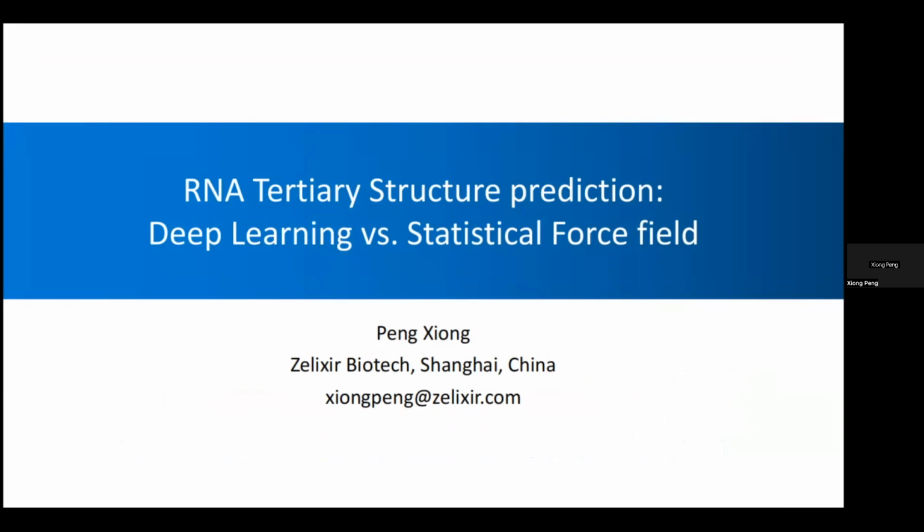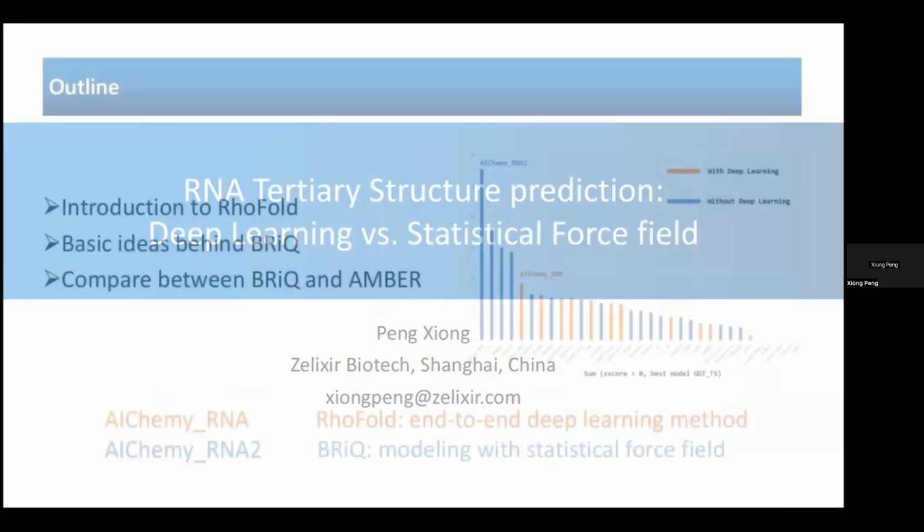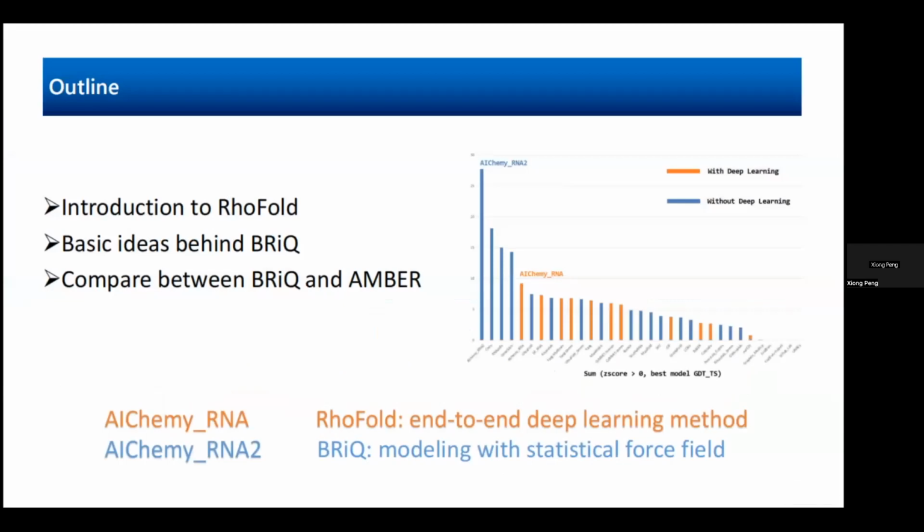So my talk is about RNA structure prediction using the deep learning method and the statistical force field method. Here is the outline. For this CASP15 we have prepared two methods.